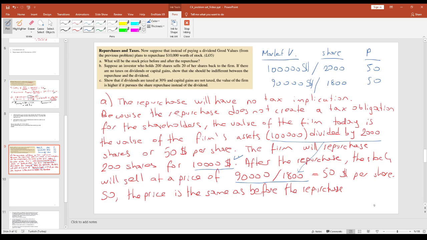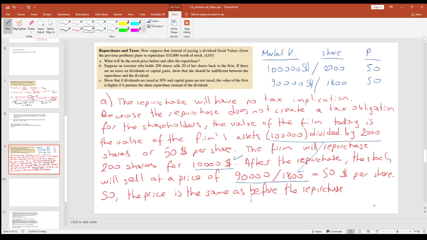One may ask, this is a very technical question. You may ask that the firm bought 200 shares, so what will happen to these 200 shares? There are two alternatives.